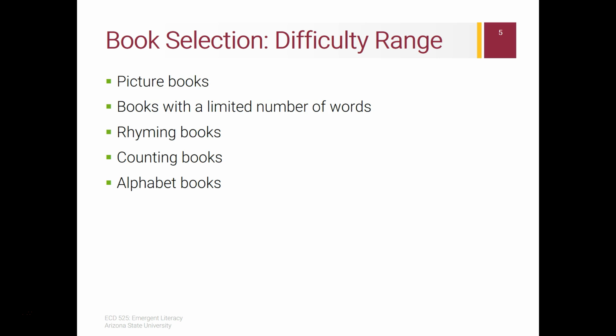The books that you have in your classroom also need to vary in difficulty. So the library center should have books at all different reading levels. They should have books that you've read, that when you read a book out loud, it becomes almost blessed in your classroom, and children will want to read it on their own.